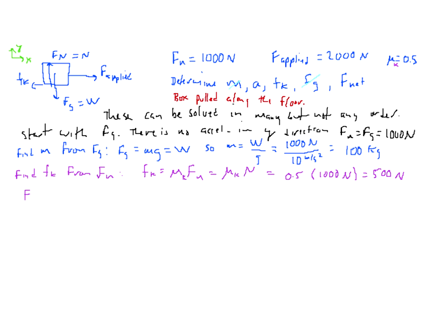So we know that F net is going to equal F applied minus the frictional force, or 2,000 newtons minus 500 newtons, so that's 1,500 newtons, and that's going to be going to the right.